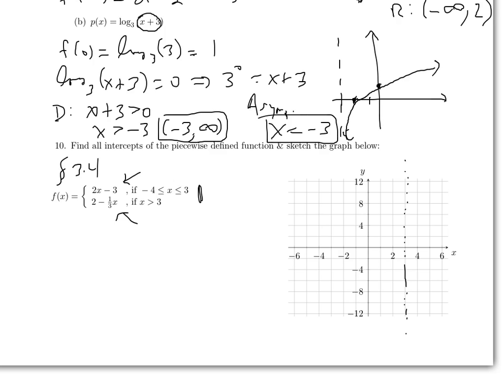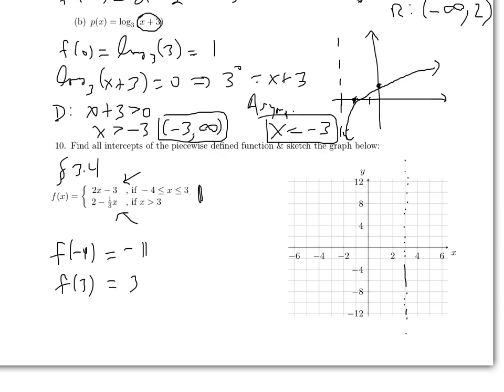So I'm going to do that by plotting points, since these are straight lines. I'm going to plot f of -4 and f of 3. Both of those values are included in this inequality, so those would use this definition. So 2 times -4 minus 3 is -11. That's not a great point. Oh, it is on my graph. Okay. 6 minus 3 is 3.